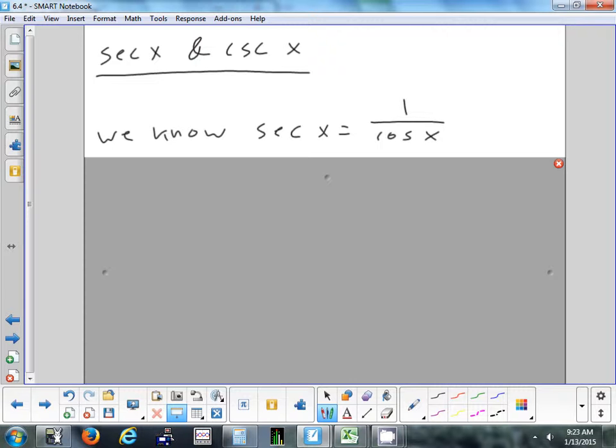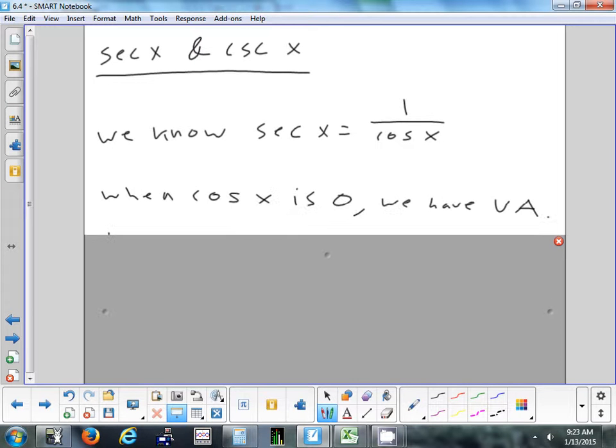What do we think? Is that possible? Yes. Absolutely. If it's possible to make the denominator 0, then you do have vertical asymptotes. We've already talked about cosine can definitely be 0. In fact, the first place it hits 0 is pi over 2. So whenever cosine is 0, we're going to have a vertical asymptote.